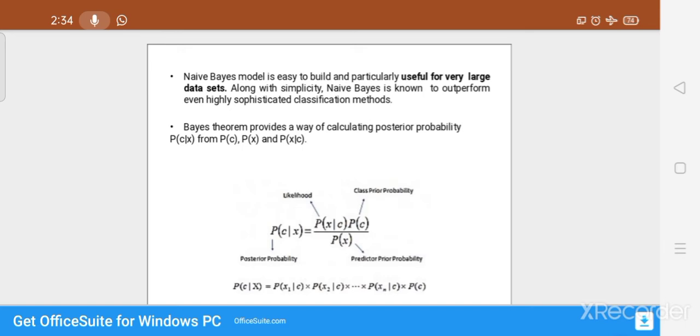P of X means the predictor prior probability. And the posterior probability means we have to find out the class probability given the predictor. So this is the formula for that, right? So we know this formula.